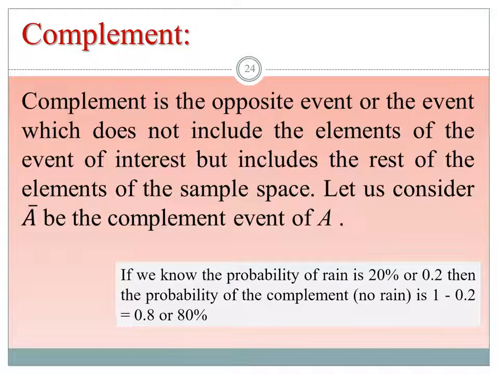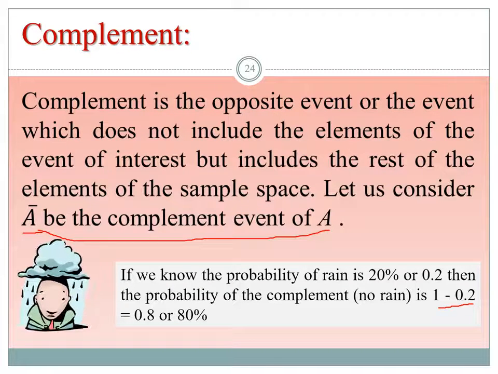Let us consider A bar as the complement of event A. Usually the standard notation is A bar for the complement of A, though some textbooks use a different notation, such as A complement or A with superscript C. For example, if the probability of rain is 20% or 0.2, the probability of the complement, that means not rain, is 80% or 0.8, which is 1 minus 0.2.